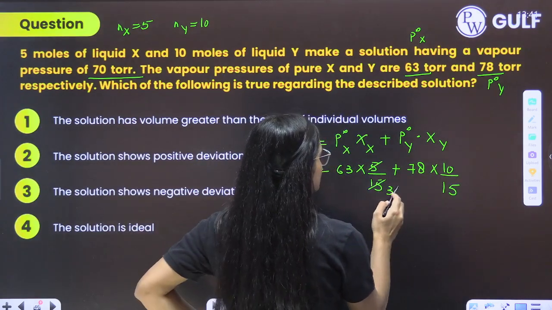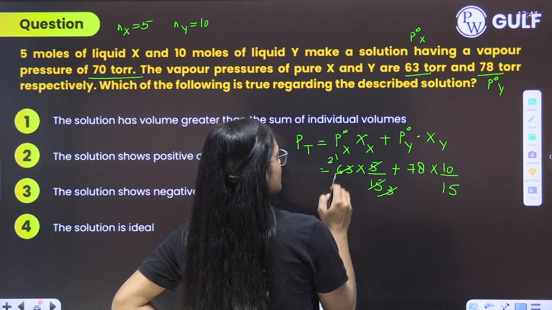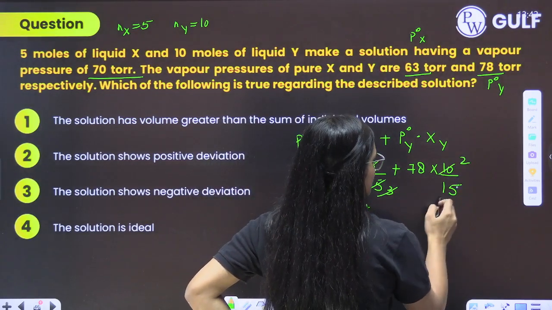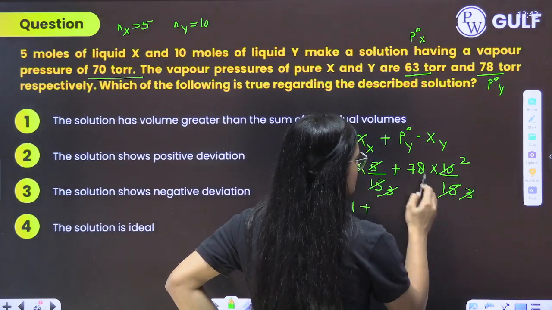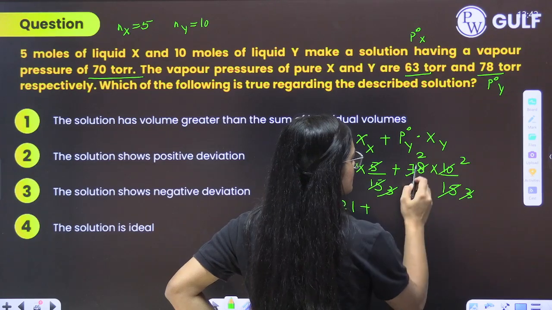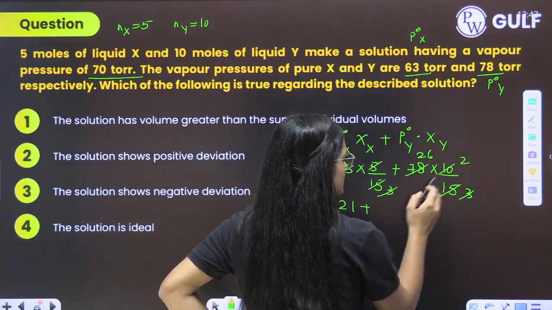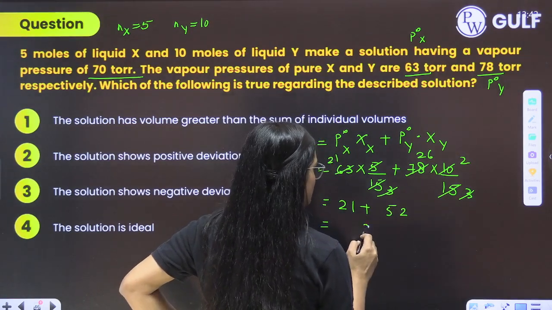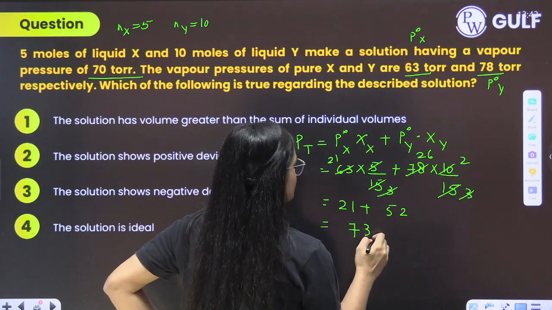Simplifying, this is 21 plus 52, which is coming as 73.